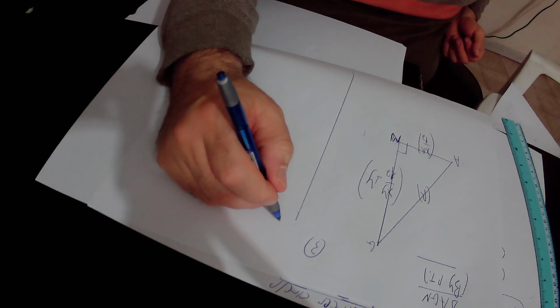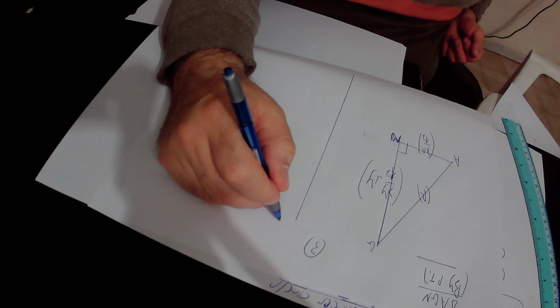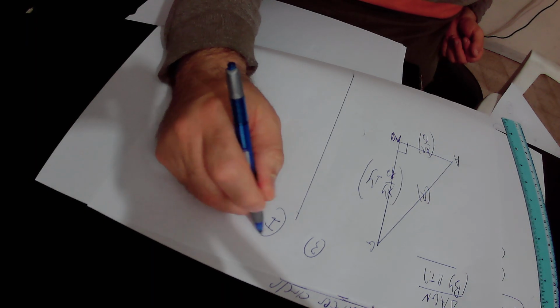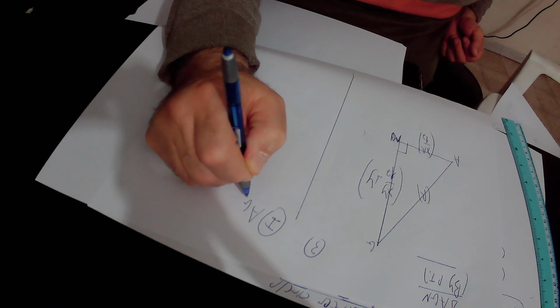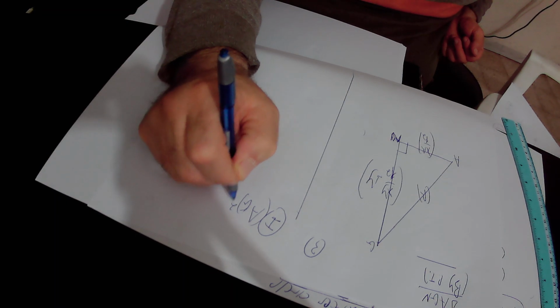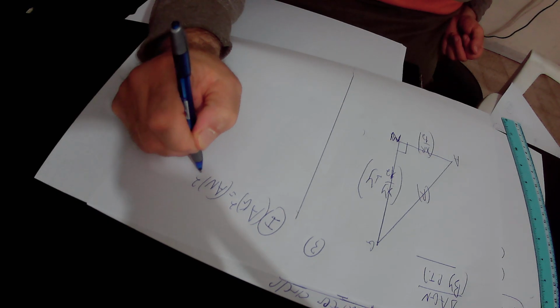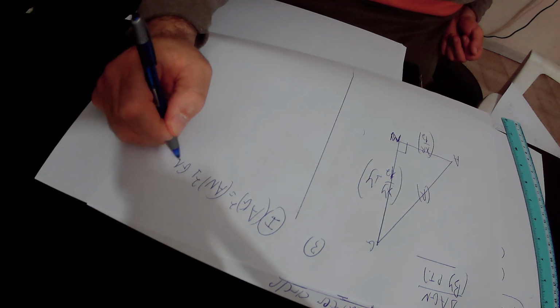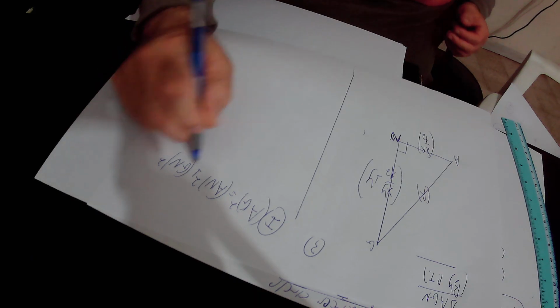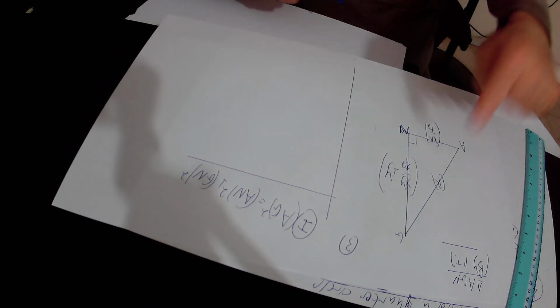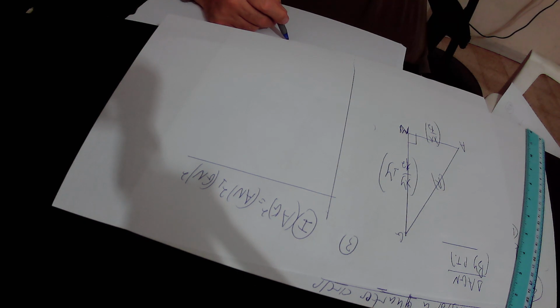According to the Pythagoras theorem in the right triangle AGN, AG square equals AN square plus GN square.